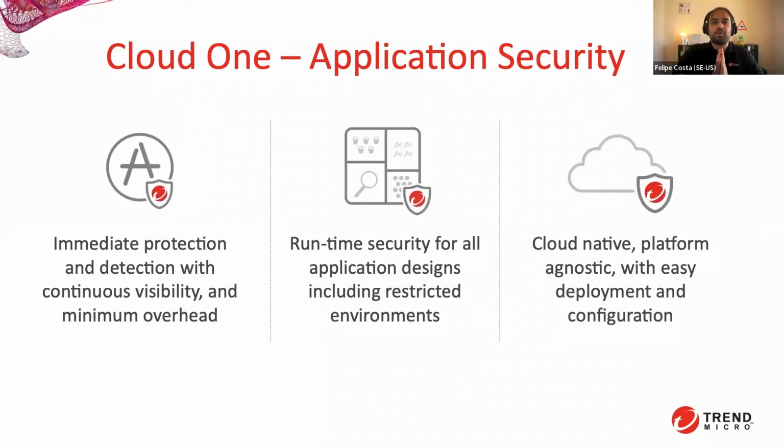It doesn't matter if you're using containers or serverless, as long as you're using web APIs. If you want to protect these web APIs, Cloud One Application Security is a very good fit, because we can deploy the detection and the protection directly to these apps without any kind of other barriers for the developers. They just need to add this directly to the code.